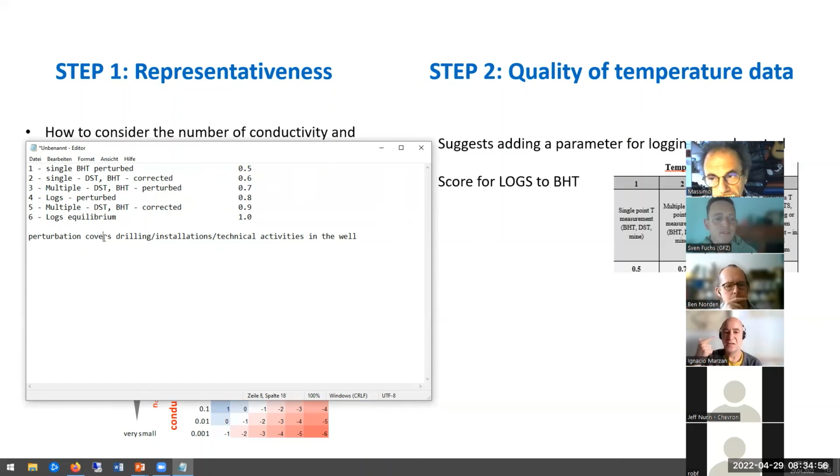So drilling, installation, and other activities, to differentiate from the other ones, from the anomalies or perturbation for the circulation or others. Okay. Yes.